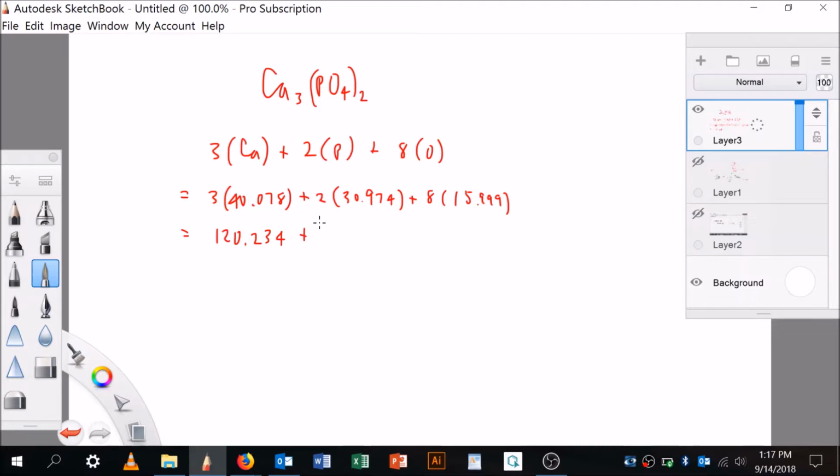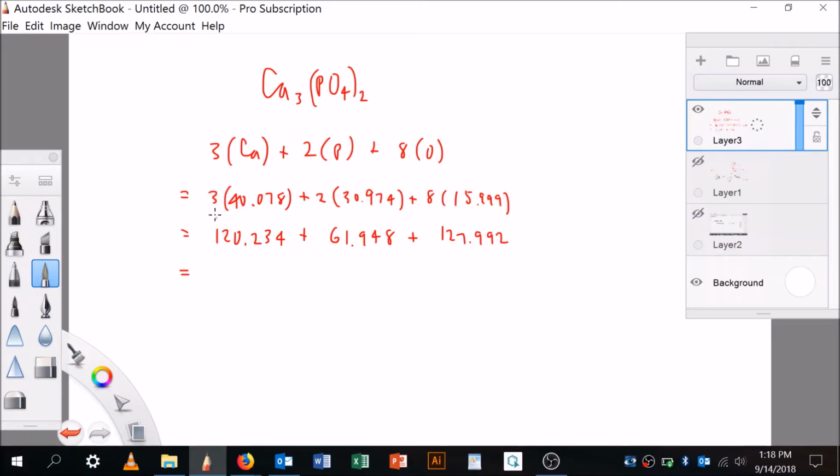Plus 2 times 30.974 equals 61.948. Plus 8 times 15.999 equals 127.992. Now I'm going to add these all up.